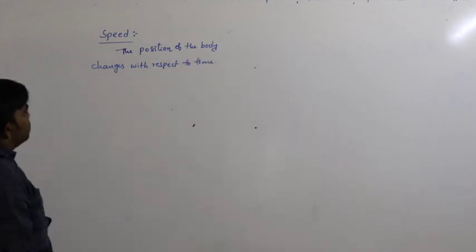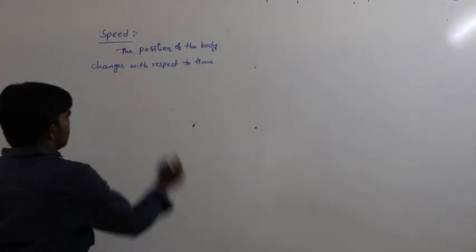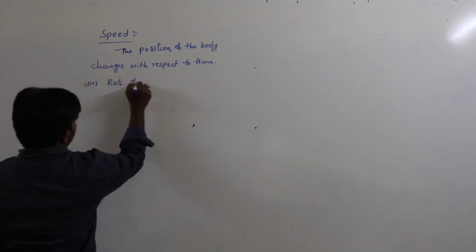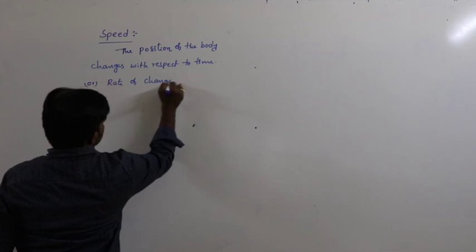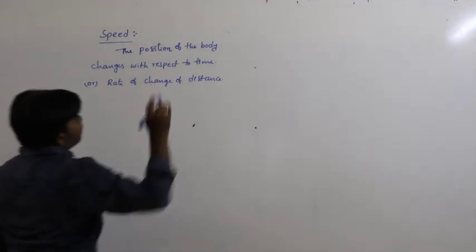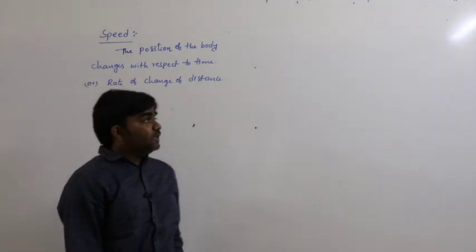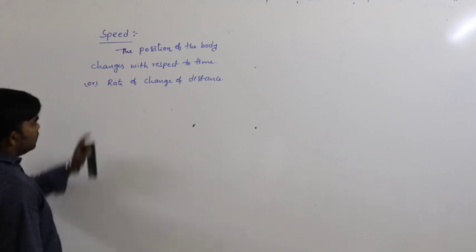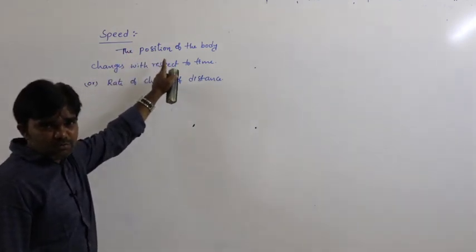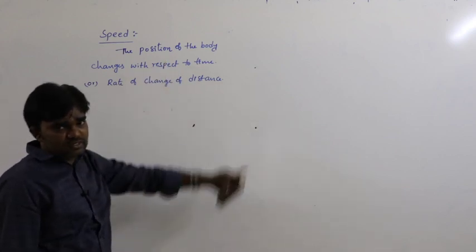If the position of the body changes with respect to time, the body must have speed, or simply we can write it as rate of change of distance. Rate of change of distance is also considered as speed. If the position of the body changes with respect to time, the body must have speed, and it is also defined as rate of change of distance.